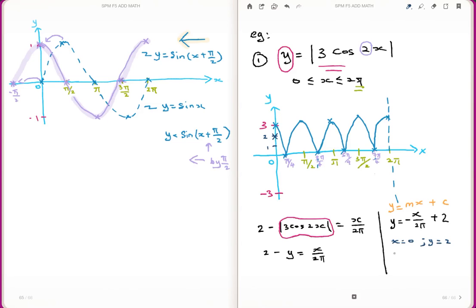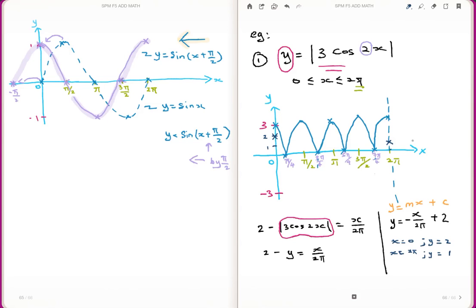Since it's 2 pi here, substitute x. When x equals 2 pi, then y equals 1. So now when x is 2 pi, y is 1 here.